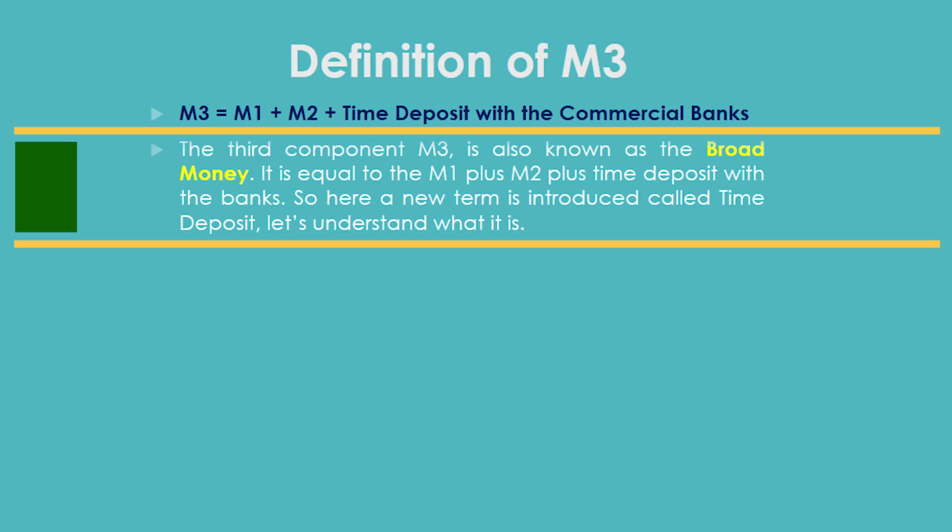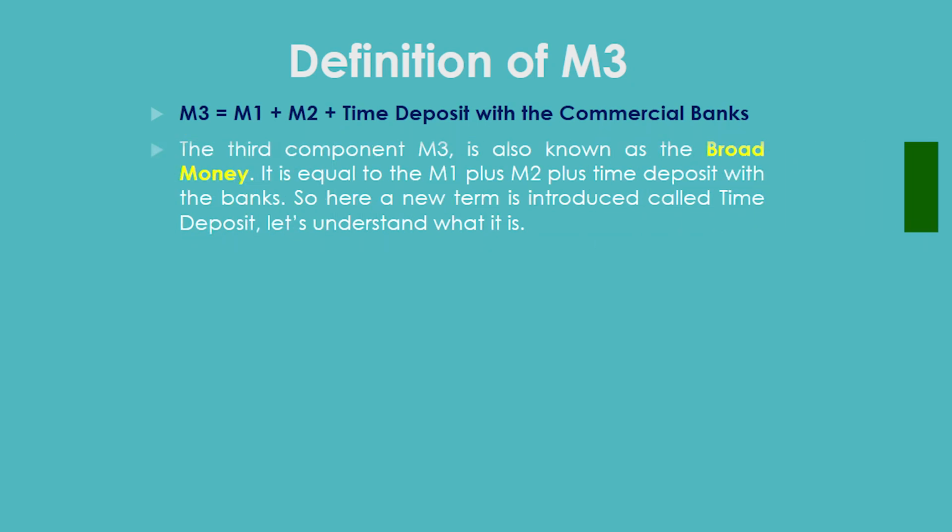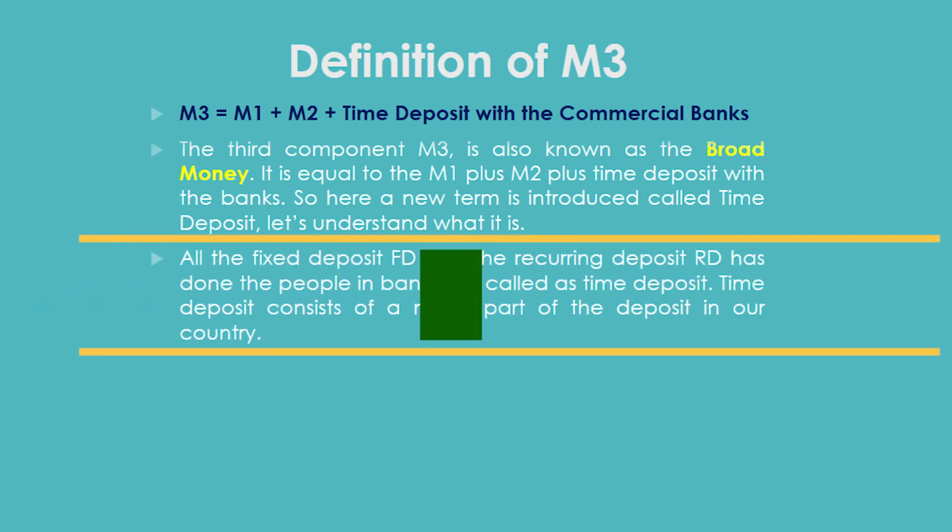So as I have already said, M3 is M1 plus M2 plus time deposit with the commercial banks. Here, as all of you can see, I have introduced another new terminology, time deposit. What are time deposits? Now, all the fixed deposits that we have, the recurring deposits, the people that have opened all these deposits in banks, all these deposits are called time deposits.